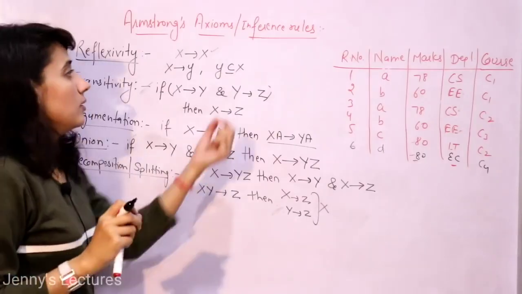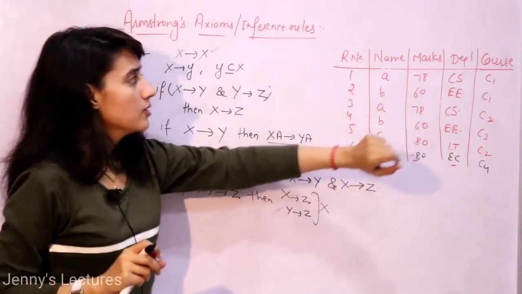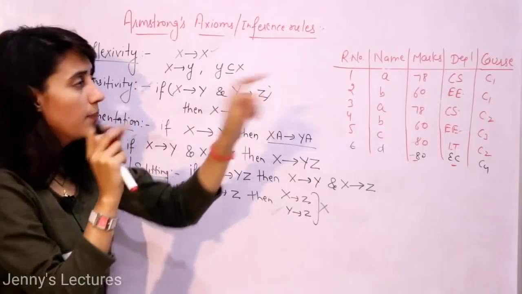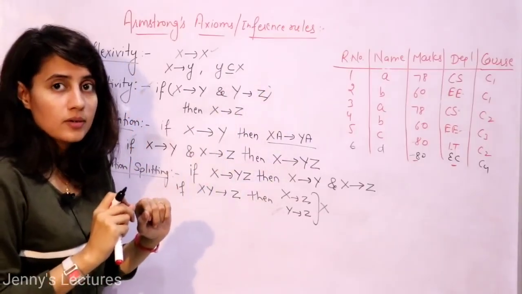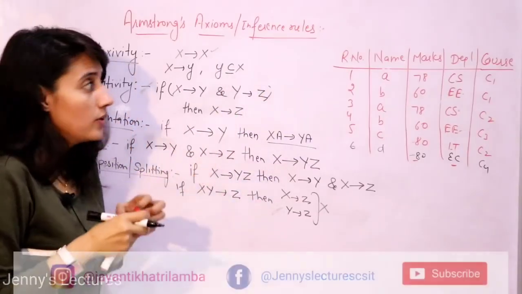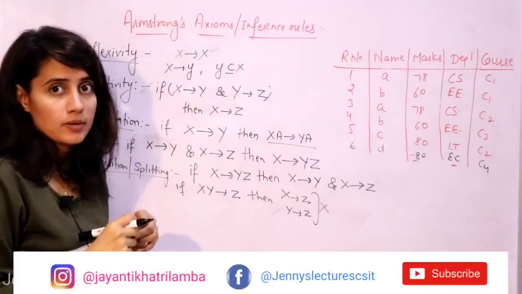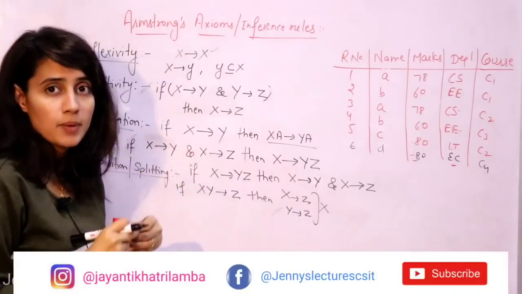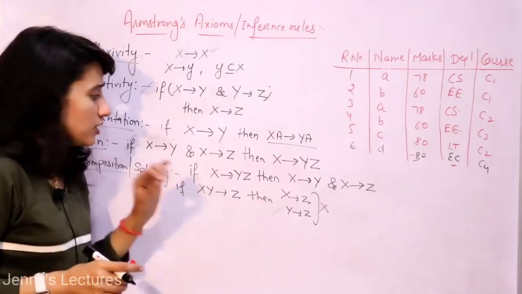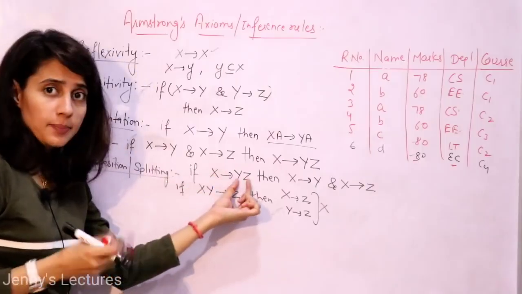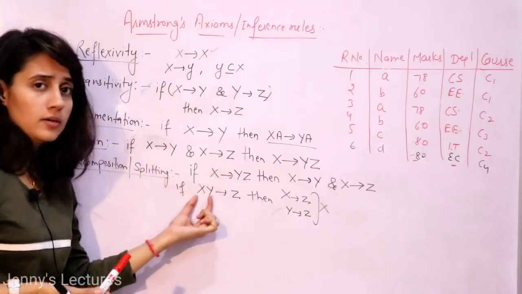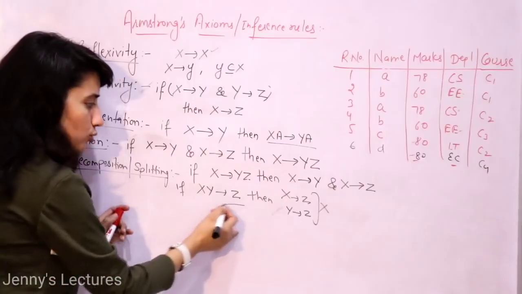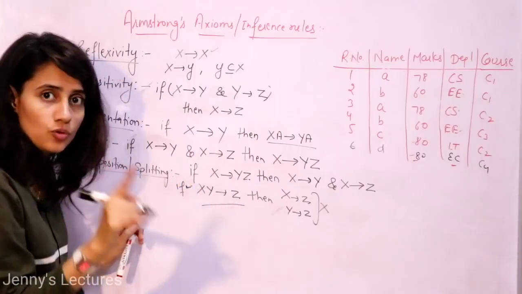If I say both name and marks determine department, here I can't say that individual name also determines department, or individual marks also will determine department, right? So you can split only the right hand side, the dependent side, you cannot split the determinant side. This is also a very important point to note here.